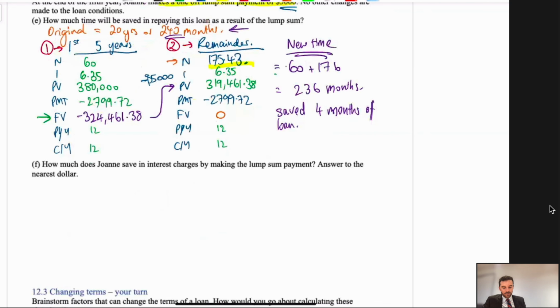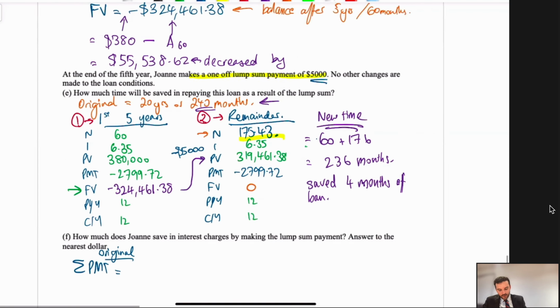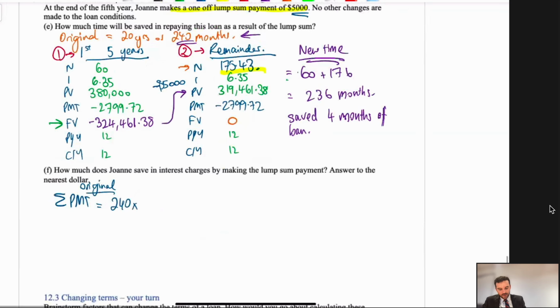Now, how much does Joanne save in interest charges by making the lump sum payment? We're just going to figure out how much she's paid using one account and compare it with how much she's paid using the other. Okay, so here we go. The sum of payments, and this is the original, is going to be, originally it was 240 payments of 2799.72, whereas the new one is going to be 235 lots of 2799.72 plus this final payment.